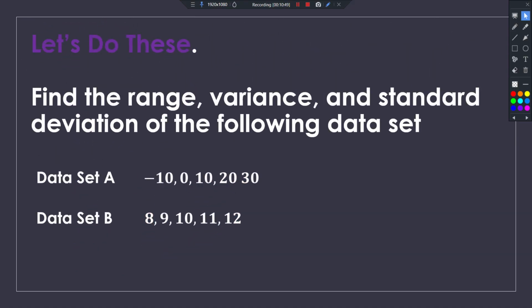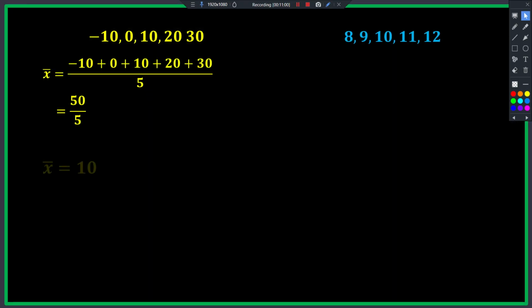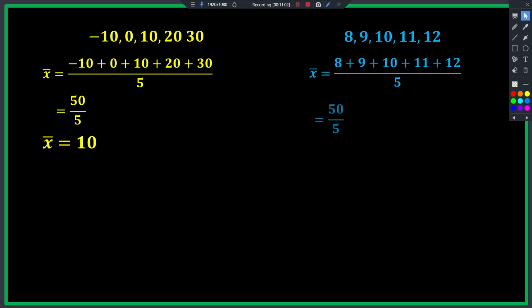Okay, let's do this. Try to think about this data set. Comparing the two data sets, as you can see here, we have step 1 and step 2. Notice that if we have the variance, we can get already this one. The first one we've answered here is the average, the mean.